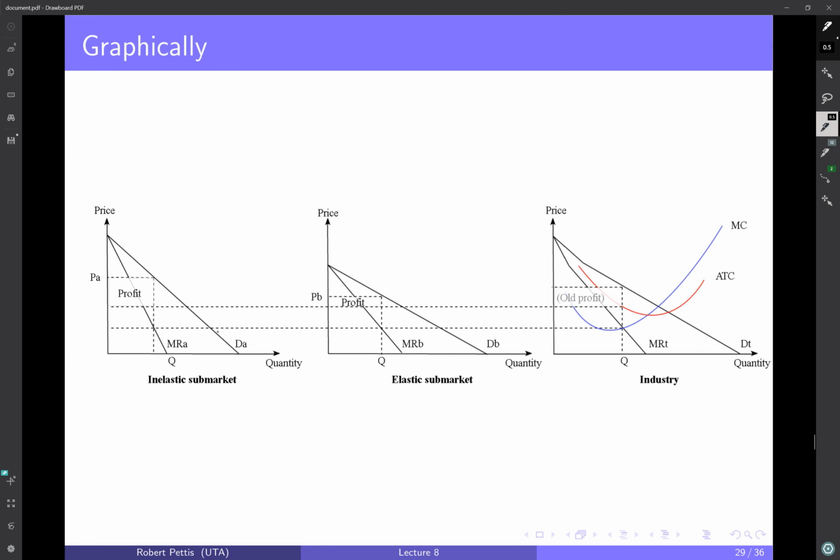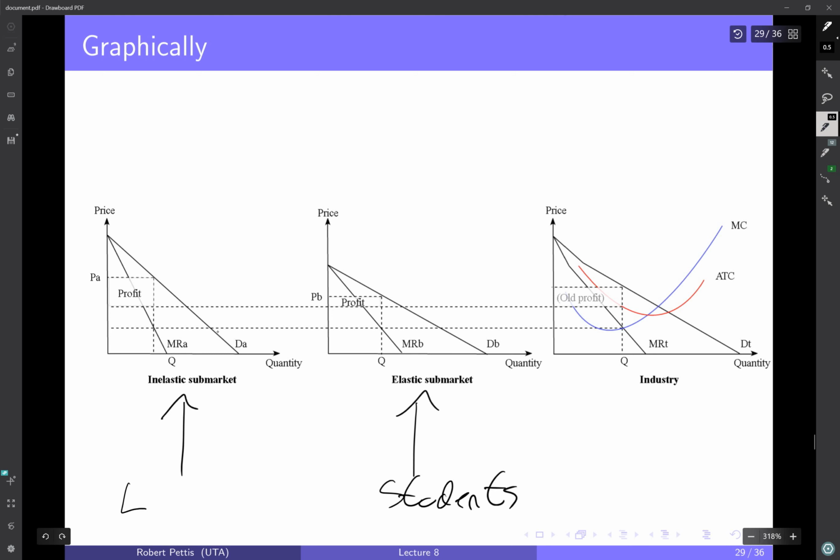For this third degree, you've got this inelastic submarket and this elastic submarket. Thinking about the movie ticket example, you've got an elastic submarket, that would be students, and you've got an inelastic submarket, that's people that make a good bit more money than students, so everyone else.